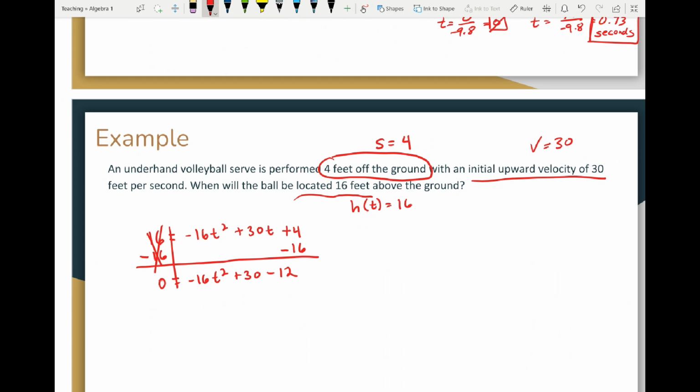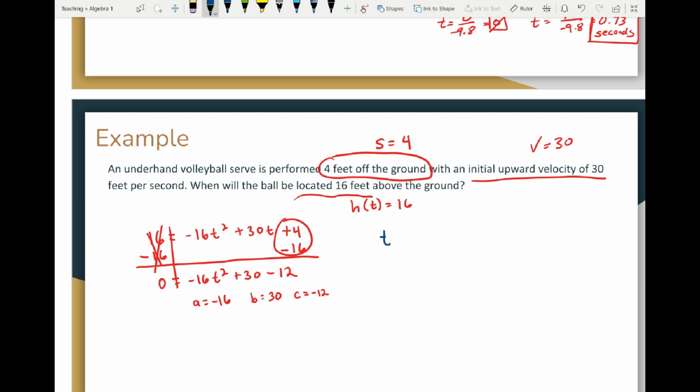Notice, some people might just start doing it right away using the 4, that is not correct, right? You have to get that negative 12 first. Now I'm going to plug those in. So A is negative 16, B is 30, C is negative 12. Well, let's go ahead and plug these in.